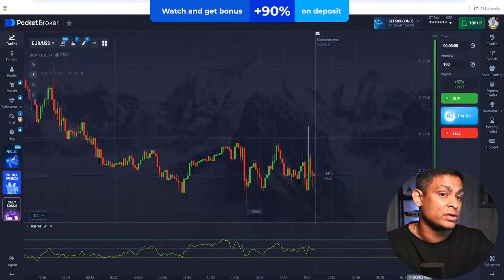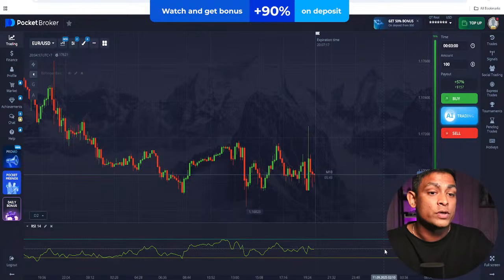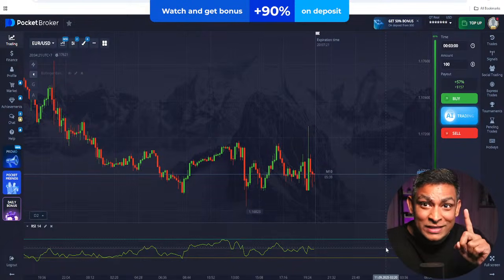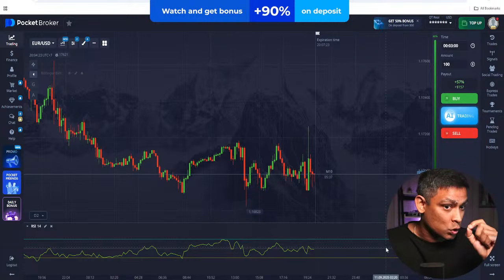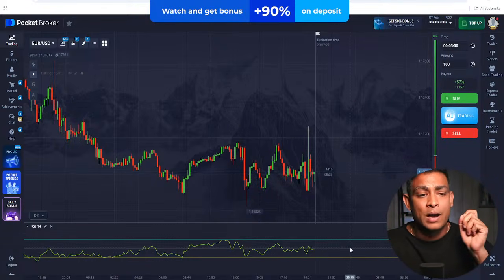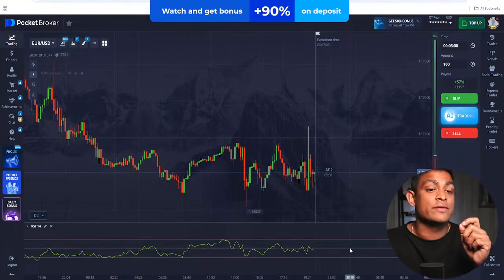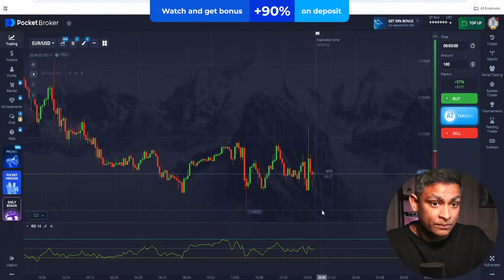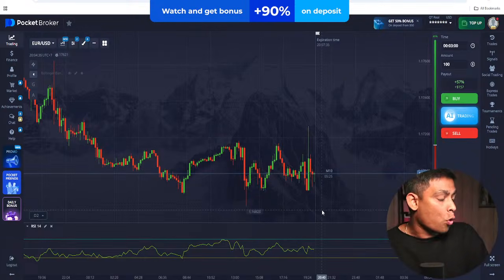We have the 70, which is also known as overbought. We have the 50, which is the middle zone, or the decision making zone. That is what I would like to call it. You can call it different names, but remember, this is very important, the 50 zone. And beneath that we have 30, which is also known as oversold.